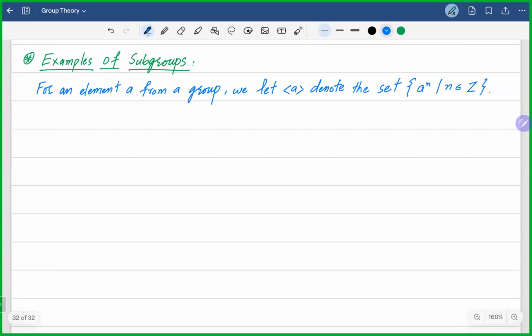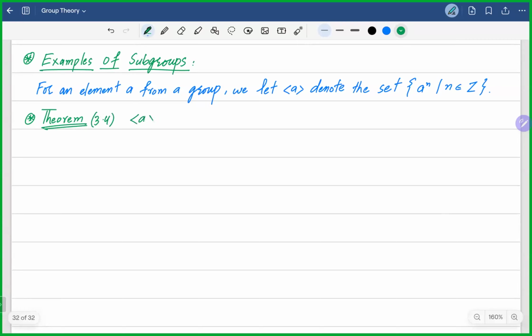Okay, so we now present the theorem, and this is 3.4.